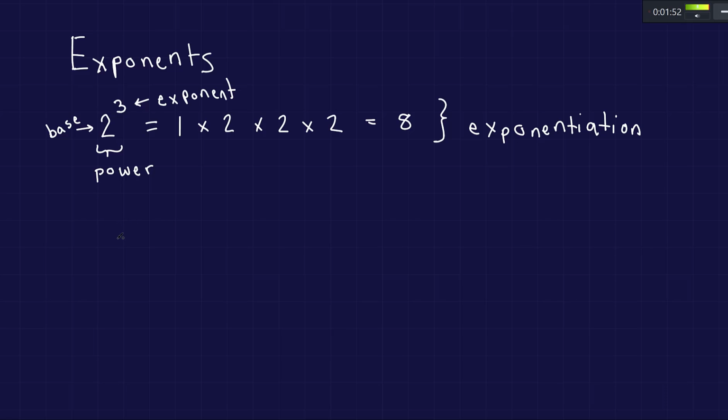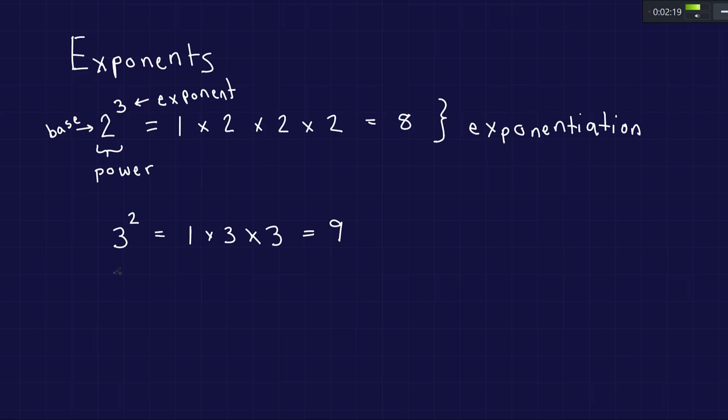So we have 2 raised to the third power. Well, how about 3 raised to the second power? Another way of referring to something raised to the second power is saying that number squared. So this would be 3 squared. Well, let's expand it out and get 1 times the base 3 times 3, which gives us 9.